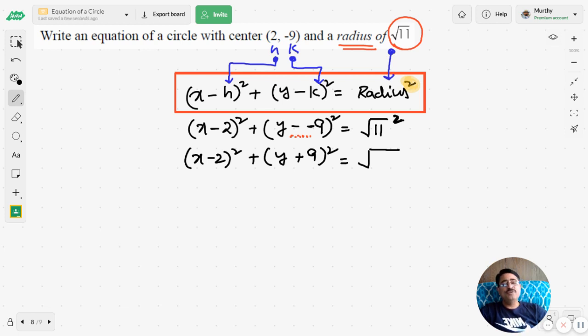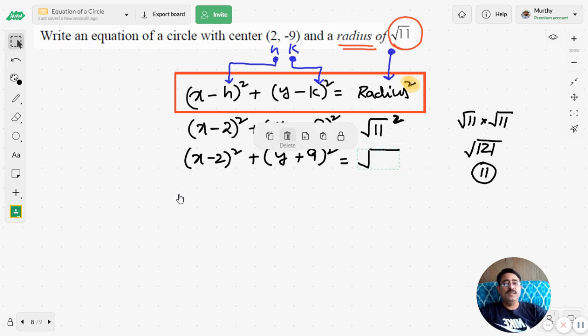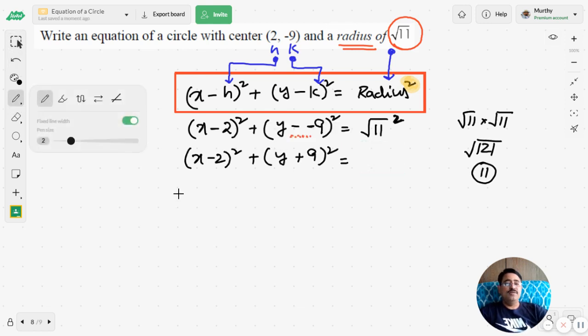If you are confused, square root of 11 square means square root of 11 times 11. That gives me 121. Again, what is square root of 121? You'll end up with 11. Therefore, it is square root of 121, or else straight away you can write 11.